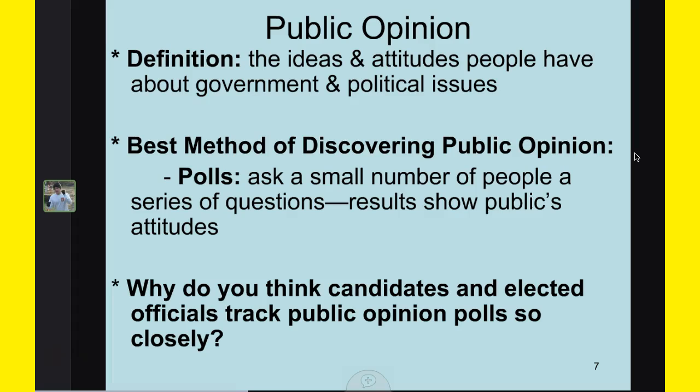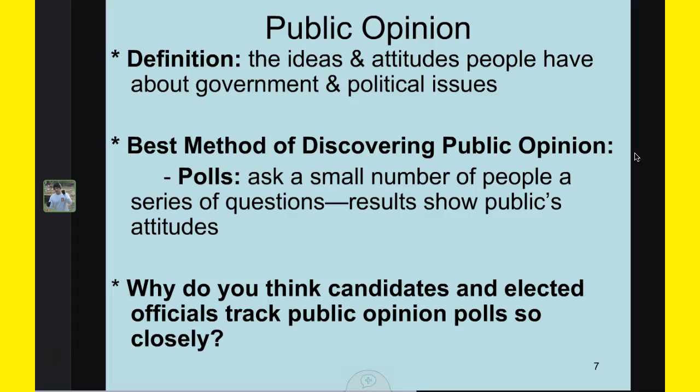And the best way to find out about public opinion is by the use of polls or surveys, where you have people that get paid to ask small numbers of people around the country a series of questions, and these questions and answers often provide results that show what the public is thinking about controversial issues.